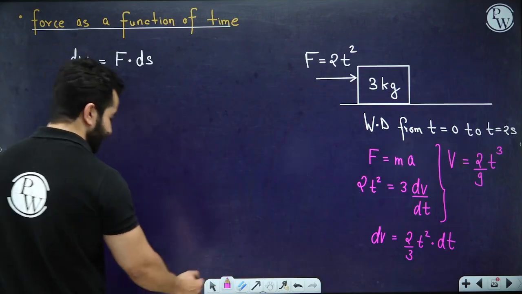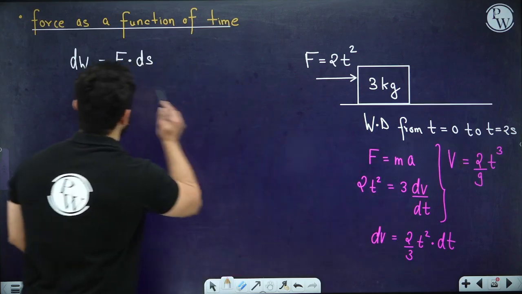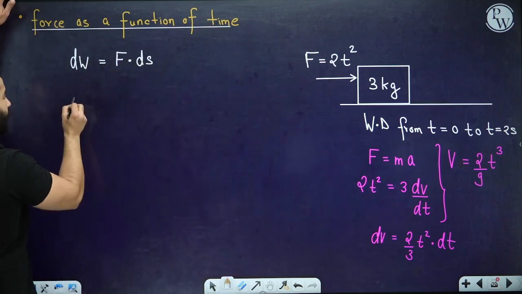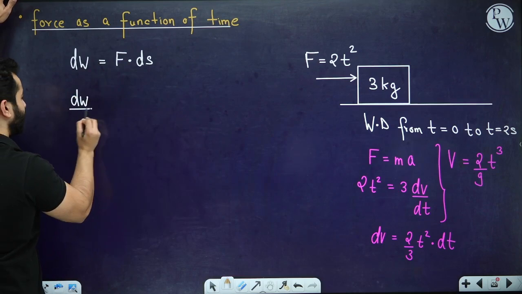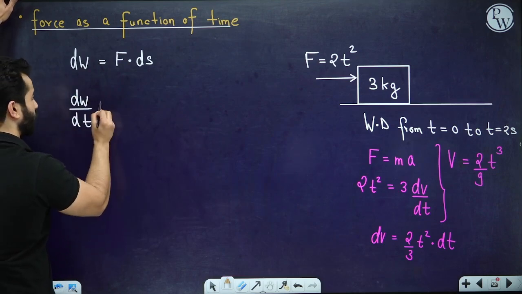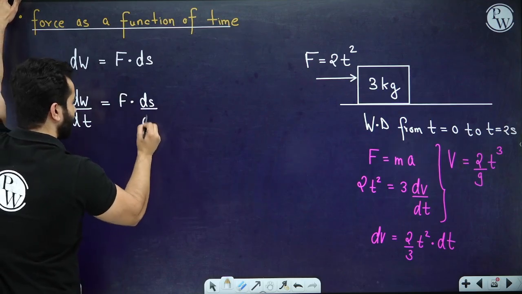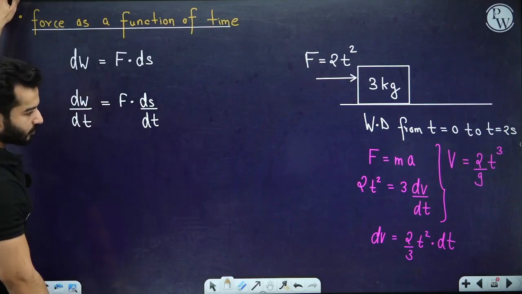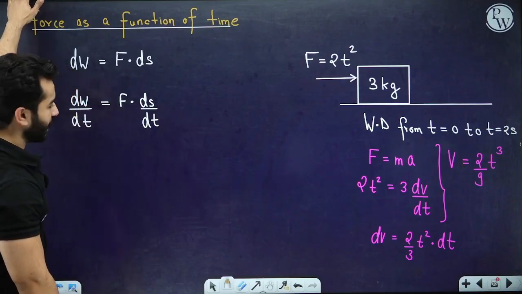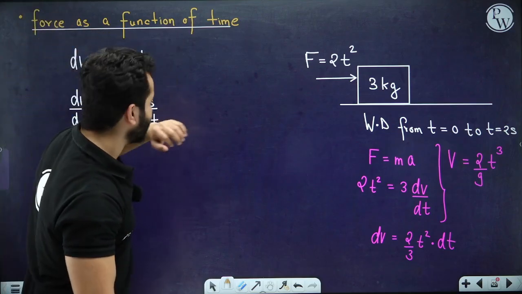Now, if you please see over here, I can again differentiate this equation. I can rewrite it as dW by dt, which later on we'll also write as power, F dot ds by dt. Hopefully everything is clear, right? Now ds by dt is nothing but v.